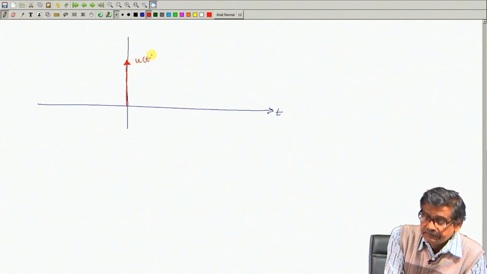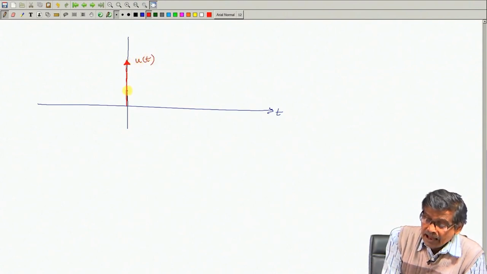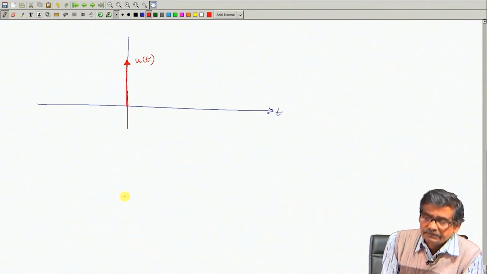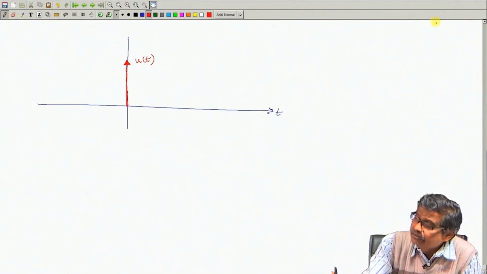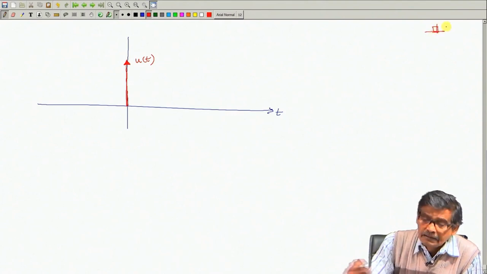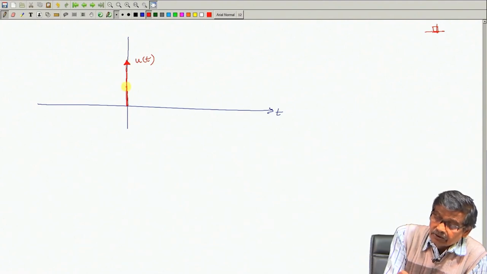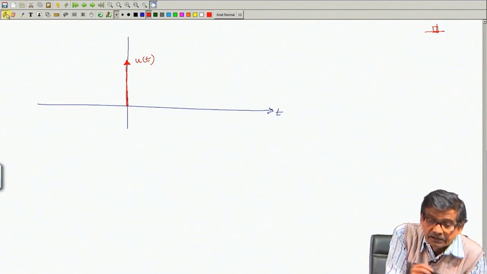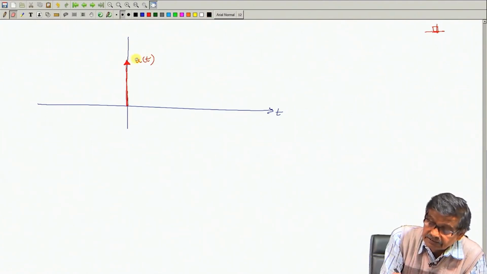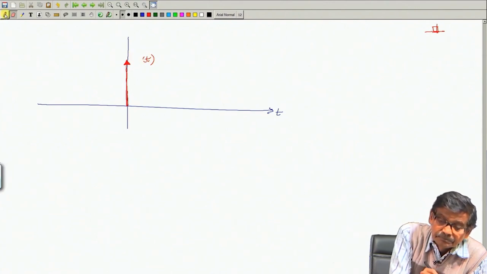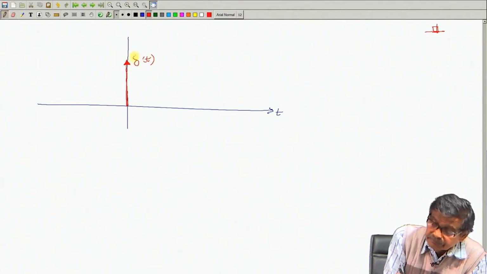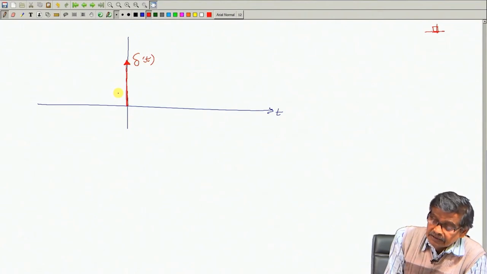The unit impulse function is an even function, because there is a square pulse around point 0. You recall this collapsing. Anyway, this is not u(t), this is the impulse function, this is delta(t). It was written like this.